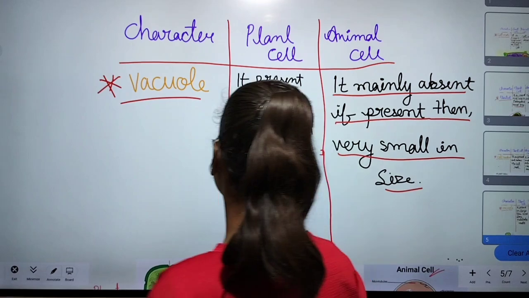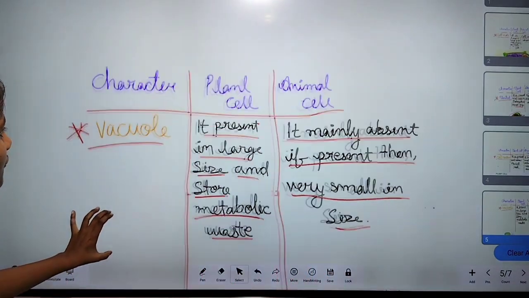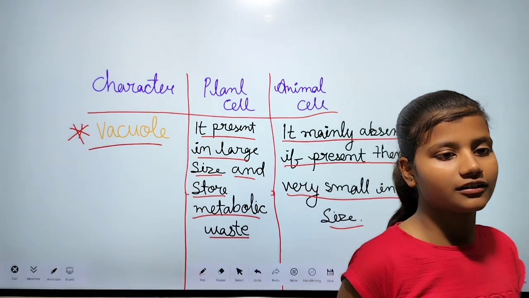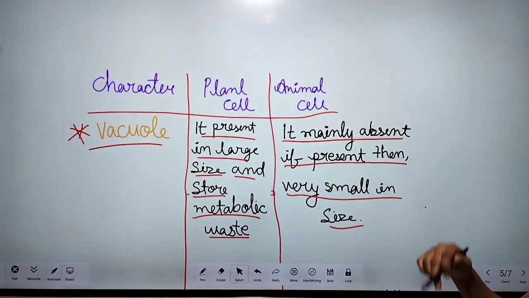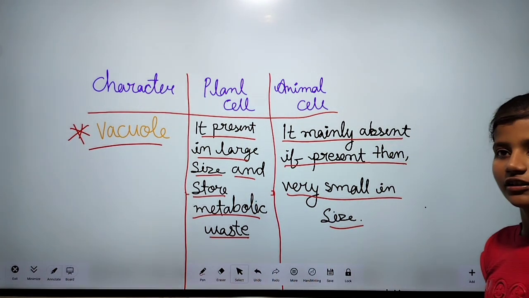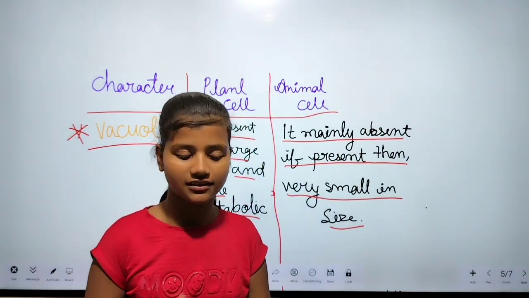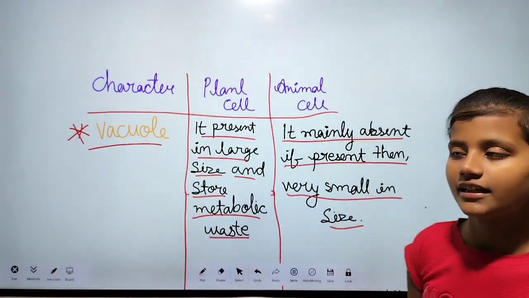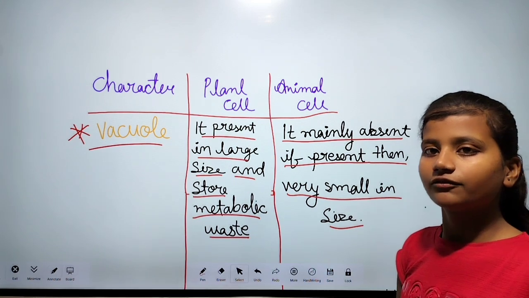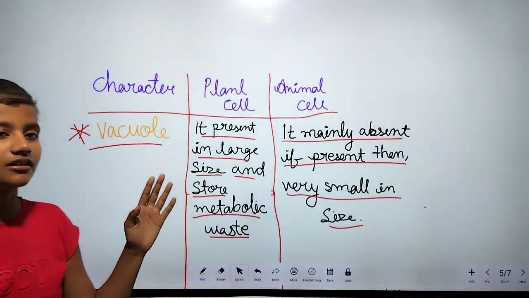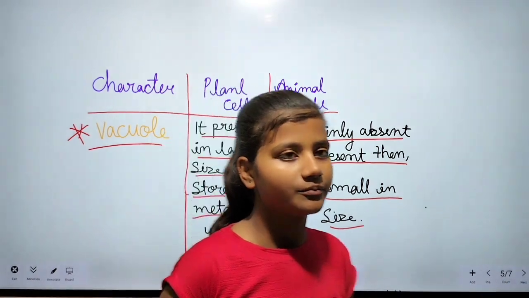Our next character is vacuole. It is present in plant cell and is very large in size, and it stores metabolic waste in a plant cell. But in animal cell vacuole is absent.